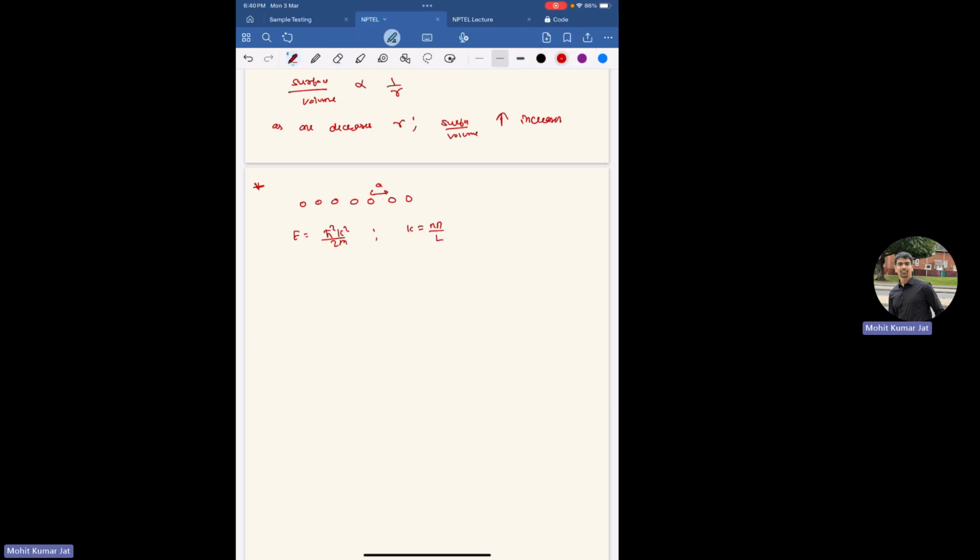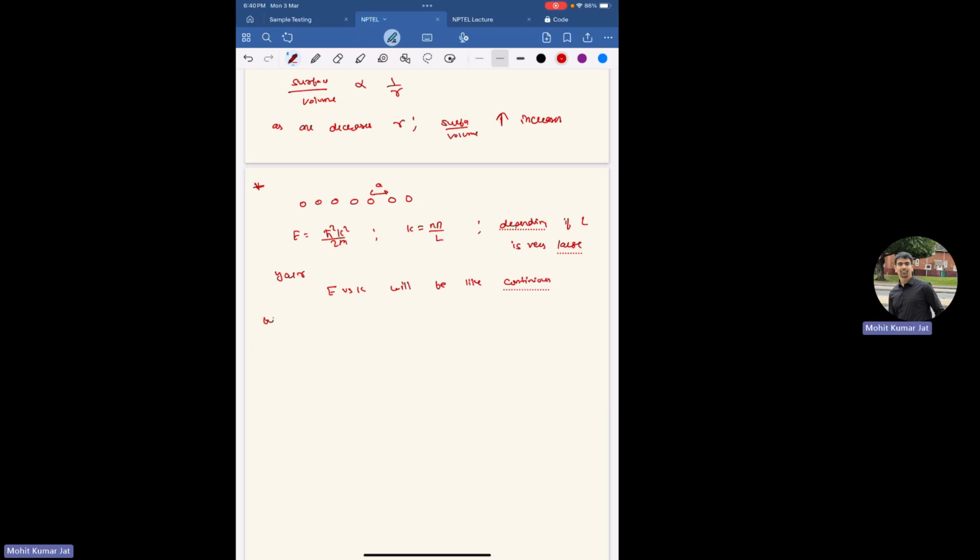So it's depending. If L is very large, your E versus K will be like continuous.